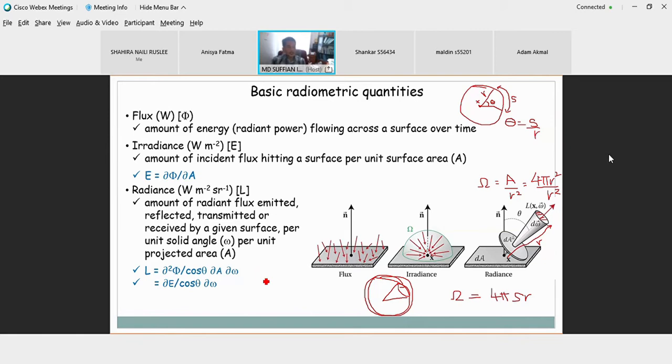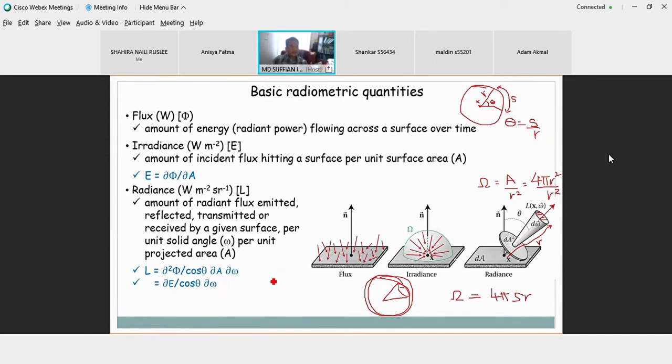So radiance is the amount of radiant flux emitted, reflected, transmitted or received by a given surface, per unit solid angle per area. So kalau kita tengok kat sini, L sama dengan delta square phi, dibuat by cos theta, delta A, delta A area and delta omega, ataupun delta E adalah irradiance divided by cos theta delta omega.